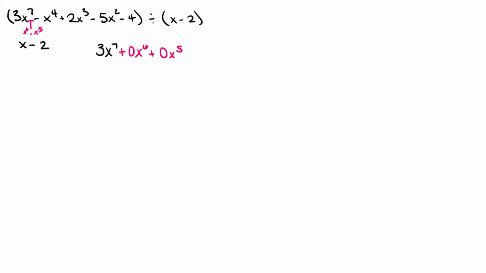So that means when we expand our polynomial to find our coefficients, we have 3x to the 7th plus 0x to the 6th plus 0x to the 5th minus x to the 4th plus 2x to the 3rd minus 5x squared plus 0x minus 4. Now we can identify all of our coefficients.